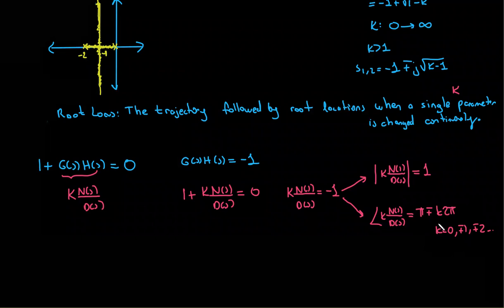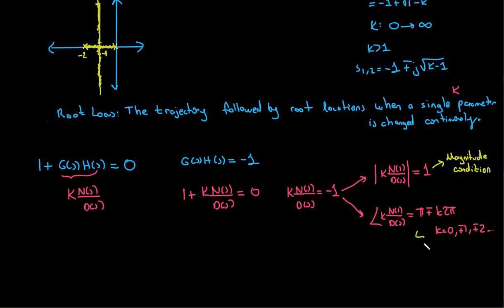So when I'm solving a complex equation, from every equation I get two conditions. This is called the magnitude condition, and this is called the angle condition.